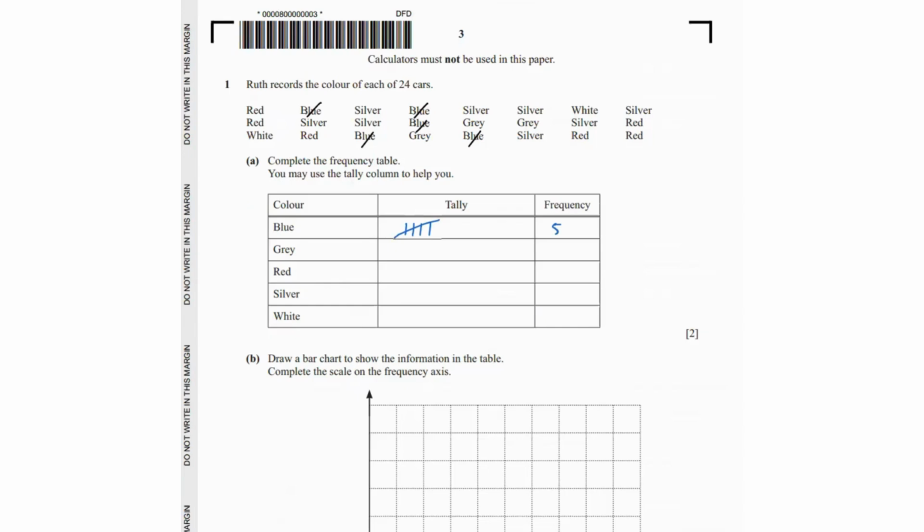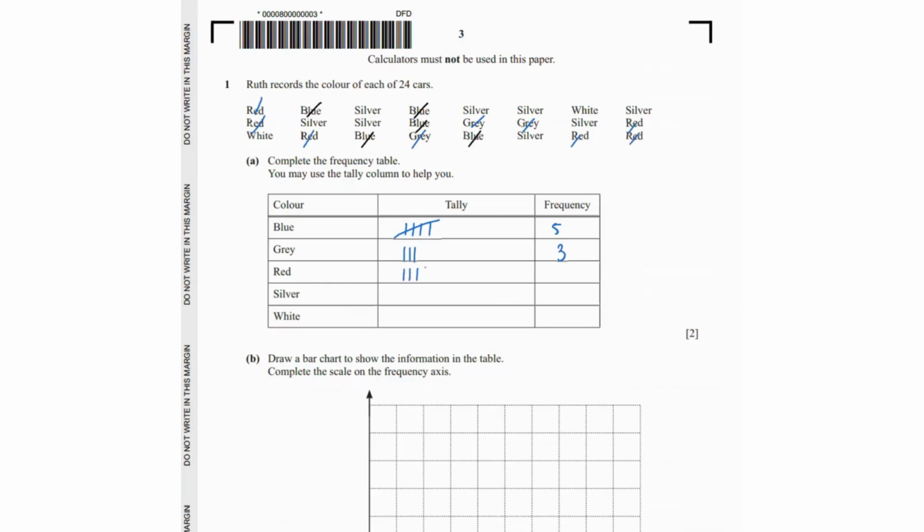So for gray, it's 1, 2, 3. For red, it's 1, 2, 3, 4, 5, 6.